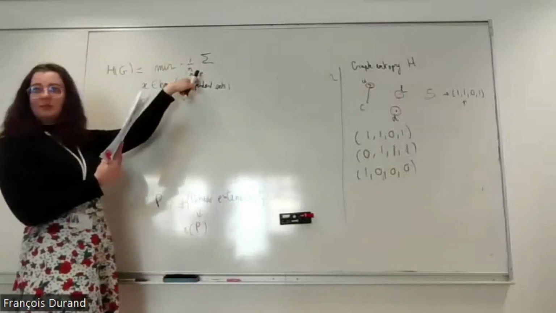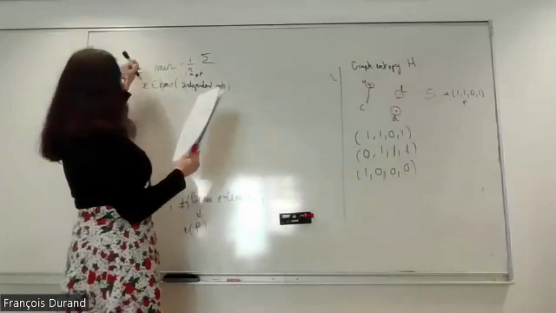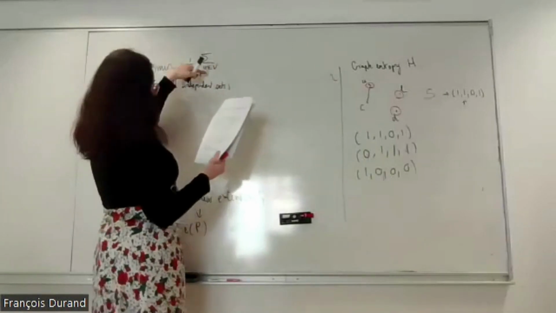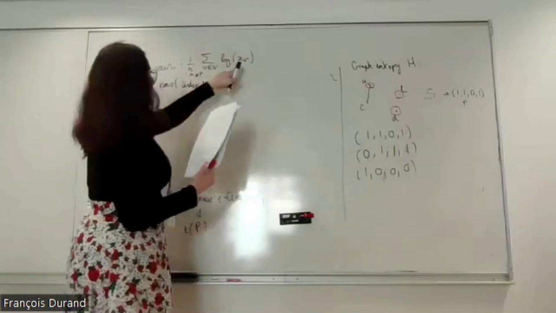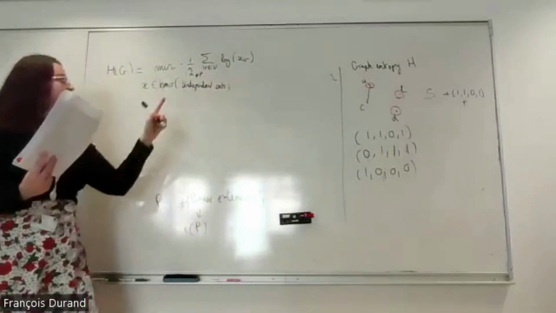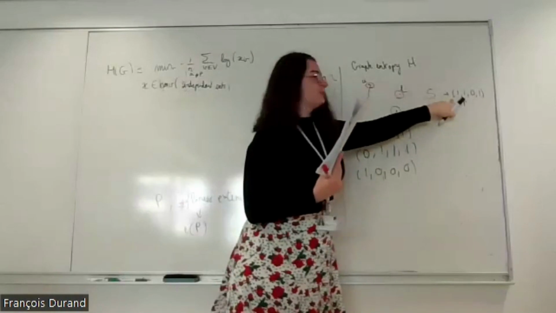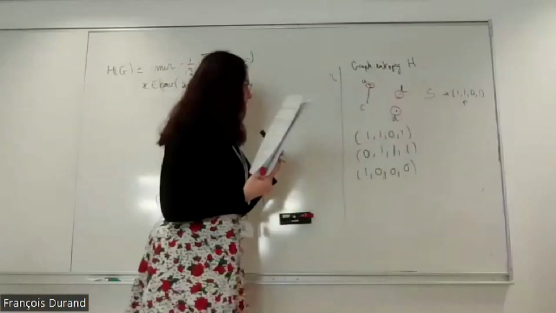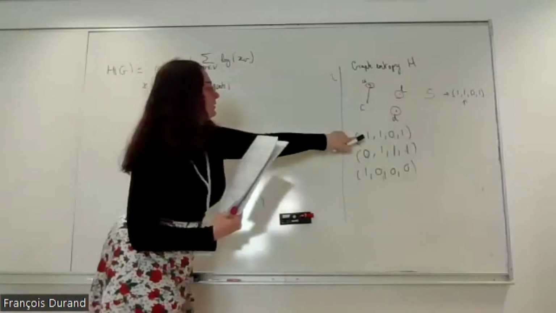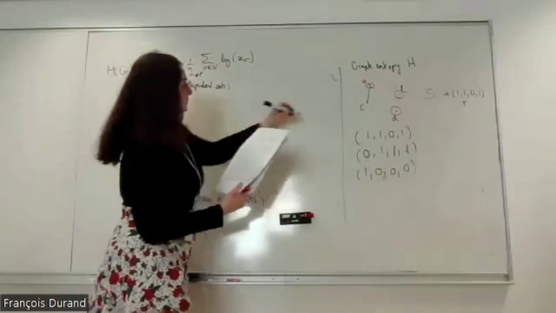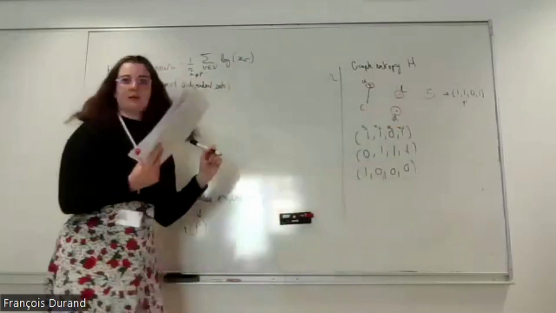This is the size of the poset. So here, for example, it will be minus 1 over 4 of every vertex in the poset of log of x of b. So this is just every component of the vector. So for example, for this vector, you would have xa, xb, xc, xd.